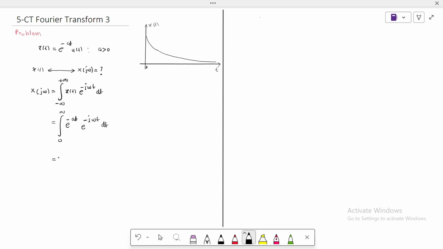So that equals the integral from 0 to infinity of e power minus of a plus j omega into t into dt, since both are exponential functions. The integration of the exponential function equals e power minus a plus j omega into t, divided by minus into a plus j omega. So we substitute the limit values.